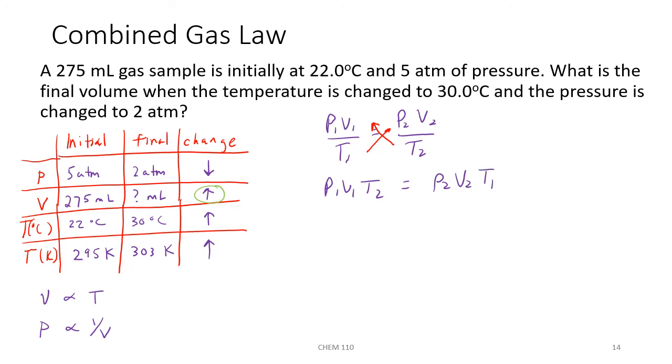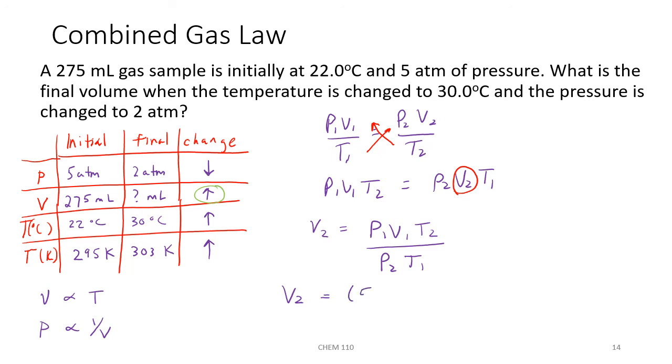In this case, we're solving for our final volume, what we're referring to as V2. So V2 will equal P1 V1 times T2 divided by P2 times T1. You can already see that the pressure units and the temperature units are going to end up canceling. So let's plug in our values from our graph here.